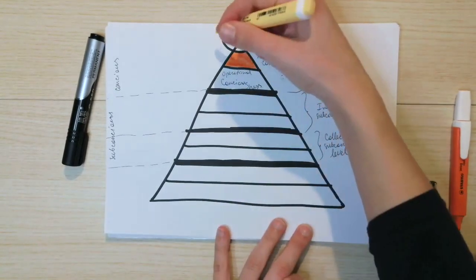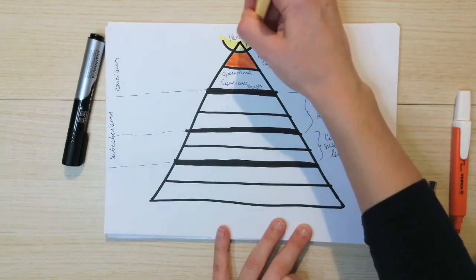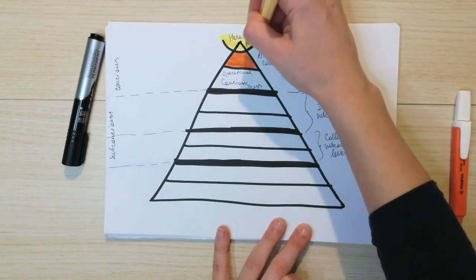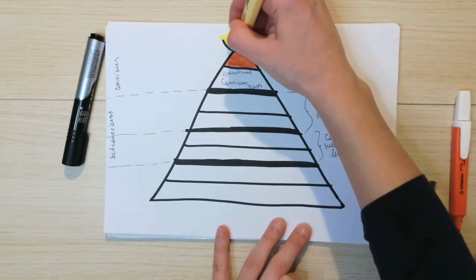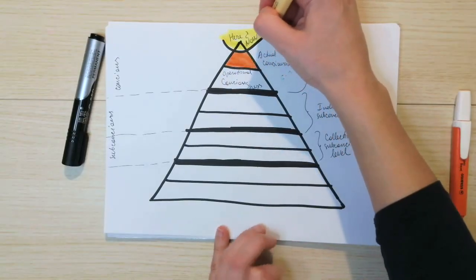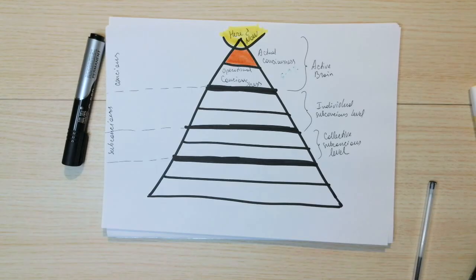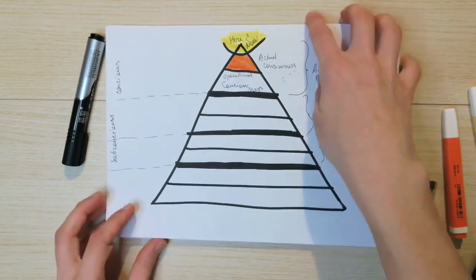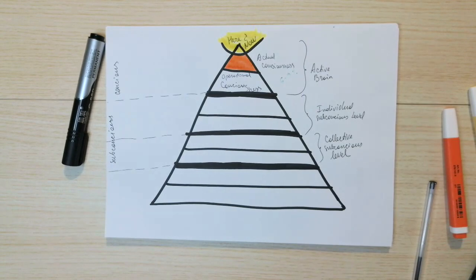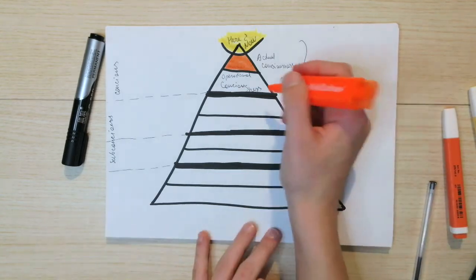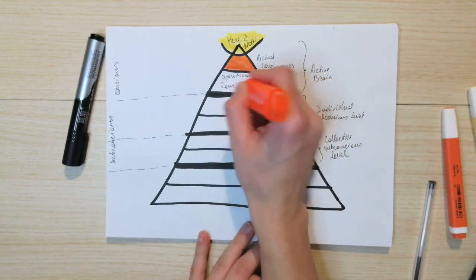Here and now is total awareness and presence, and you will see why we color it with yellow in a second, or when we go deeper. Okay, the operational consciousness corresponds to the second level, and this is orange.